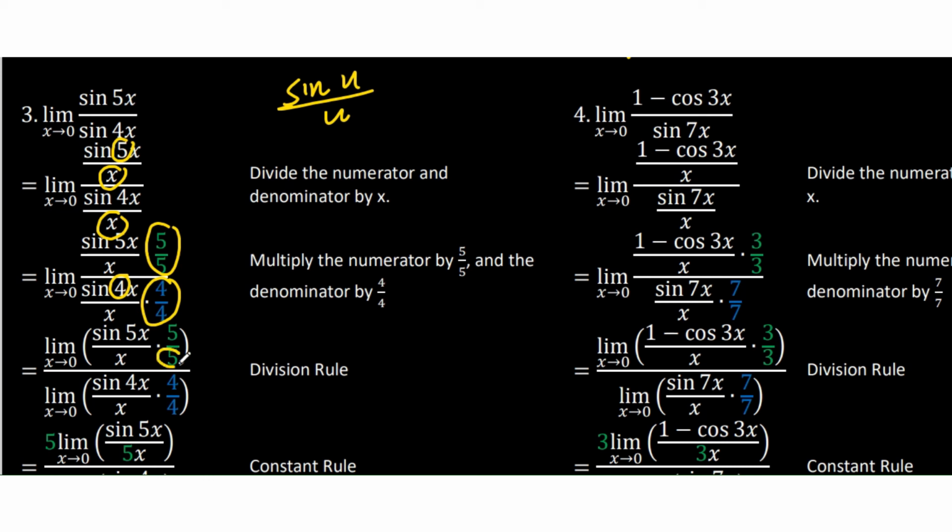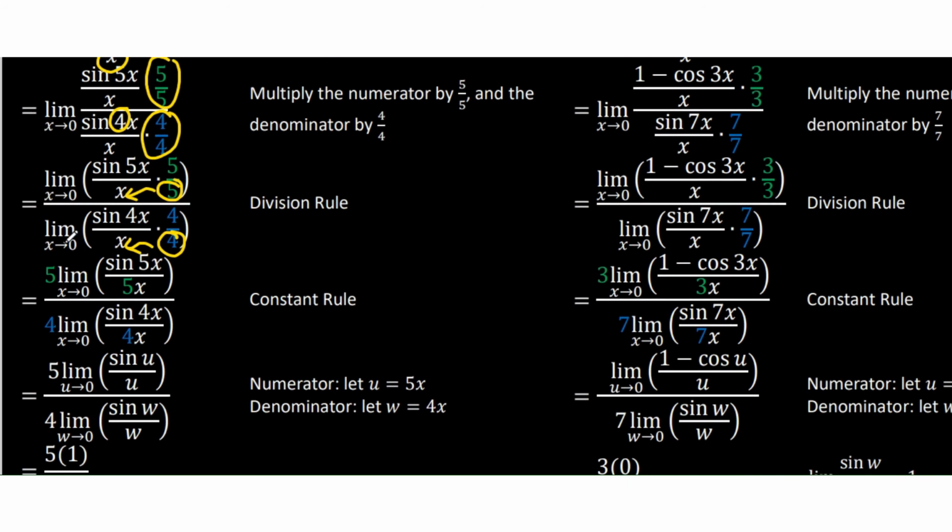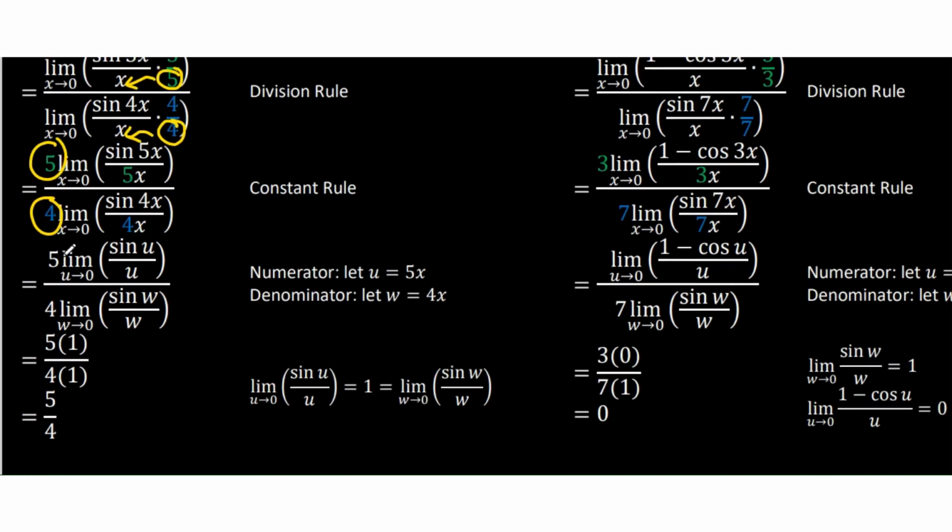So that when we separate 5 here and we separate 4 here, then we can now have sine u over u. That is the main intention. Now, the constants 5 and 4 will be separated. Now, evaluate the other. No problem, that is only equal to 1.